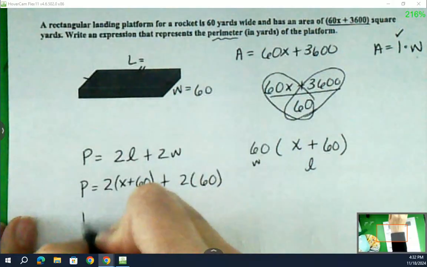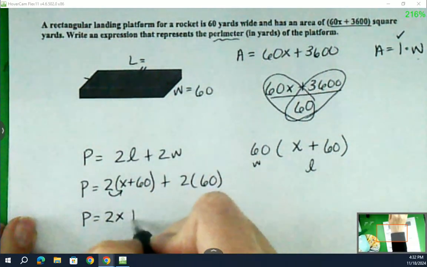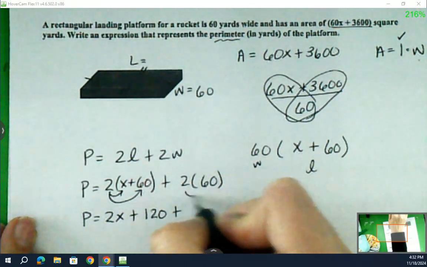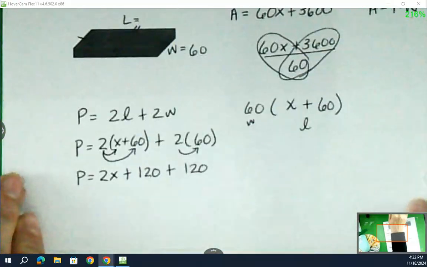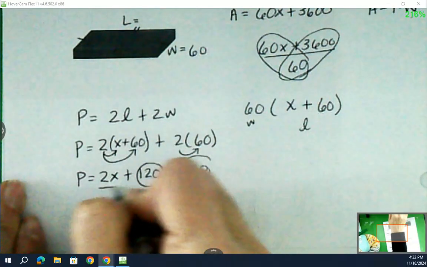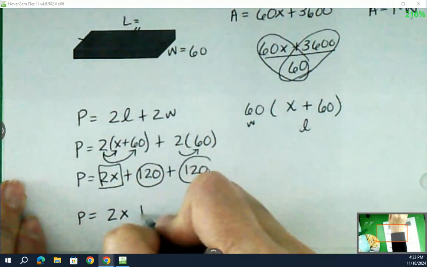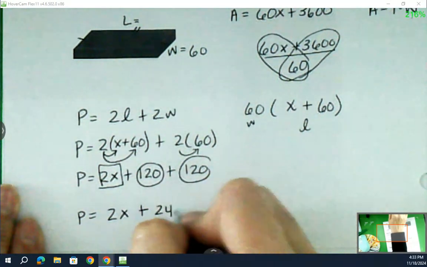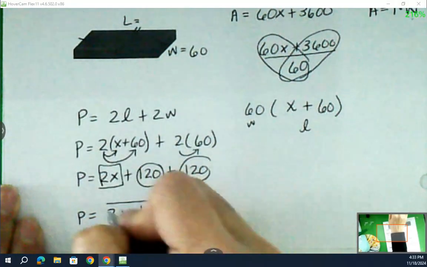Working out our problem here, we have 2x plus 2 times 60 is 120, plus 2 times 60 again here is 120. And then finally, to combine like terms, we have the 2x by itself. So p equals 2x plus, and then the 120 plus 120 is 240. So our perimeter is 2x plus 240.